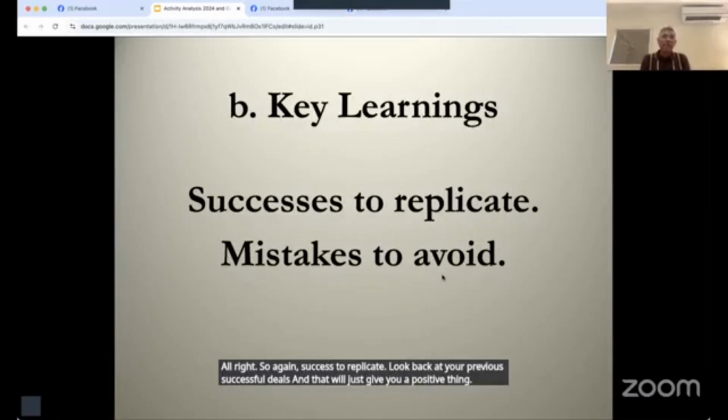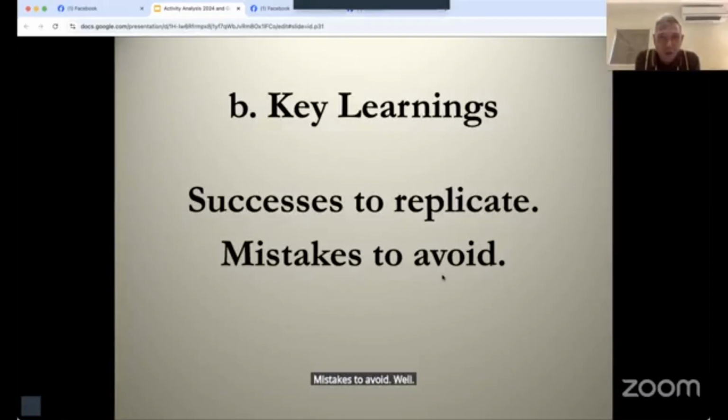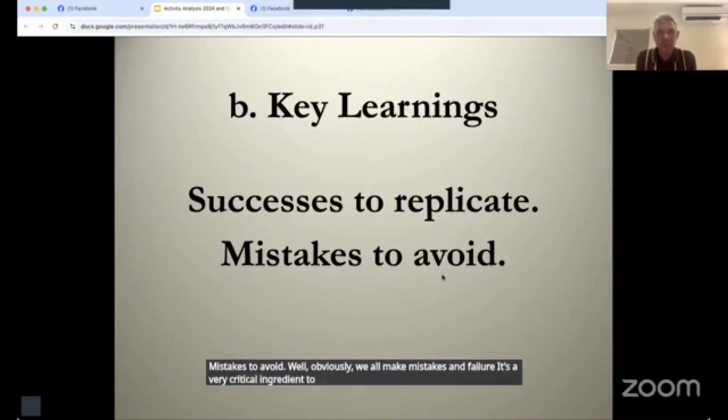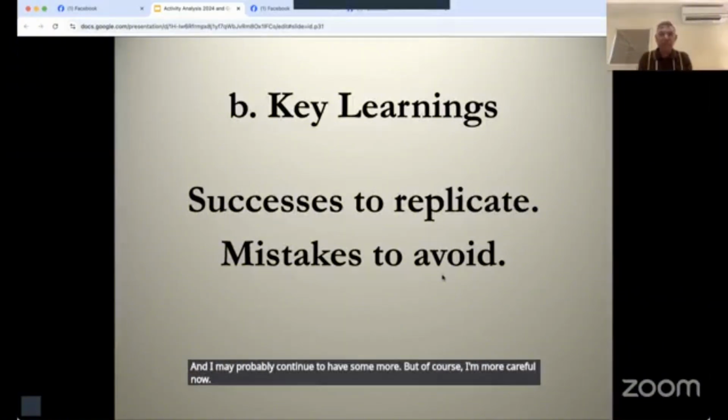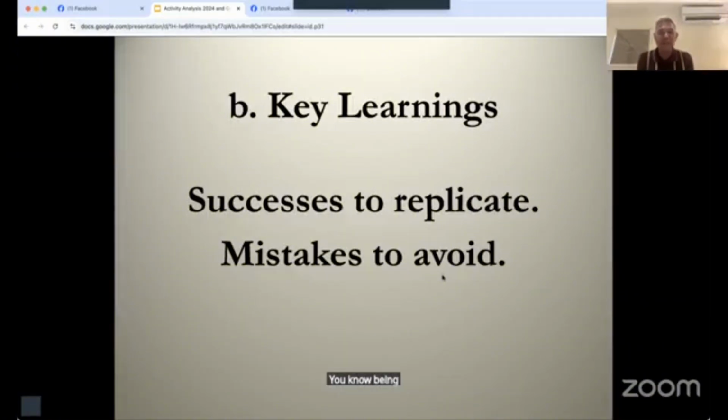Mistakes to avoid. Well, obviously, we all make mistakes, and failure is a very critical ingredient to success. I've had so many failures in my life, and I may probably continue to have some more. But of course, I'm more careful now, turning 65 this year, been there, done that.